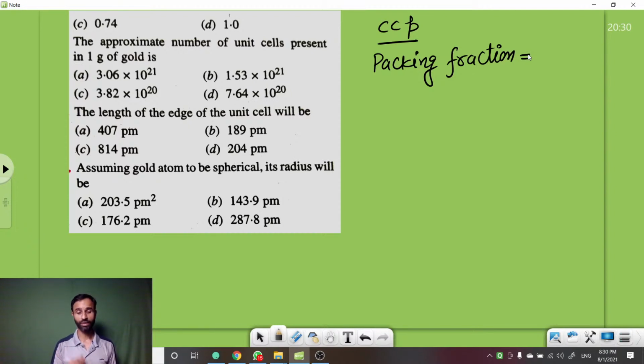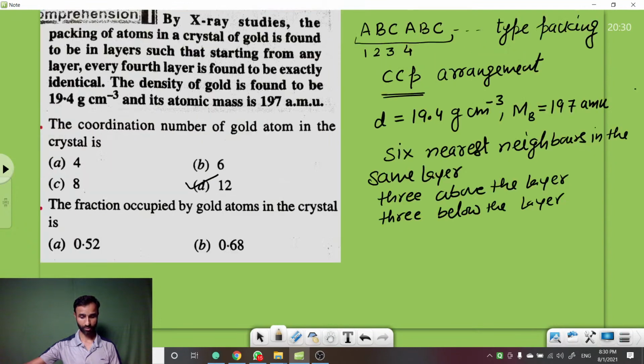Okay, beta, tell me the packing fraction for CCP, because we have already found out that it is CCP arrangement, right? By X-ray studies, it is found that packing of atoms in a crystal of gold is in layers, such that starting from any layer, every fourth layer is exactly the same. That means it is CCP arrangement.